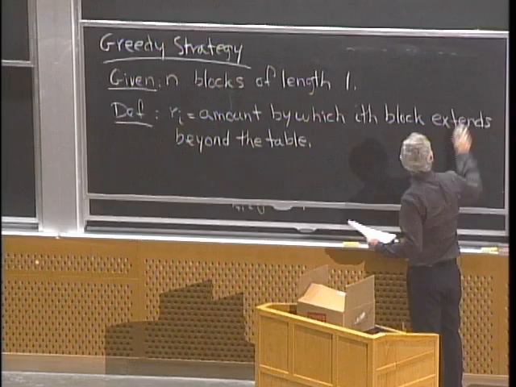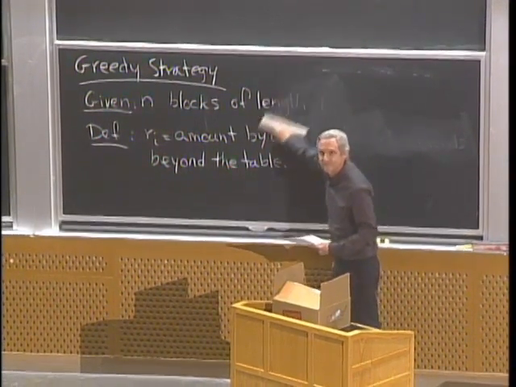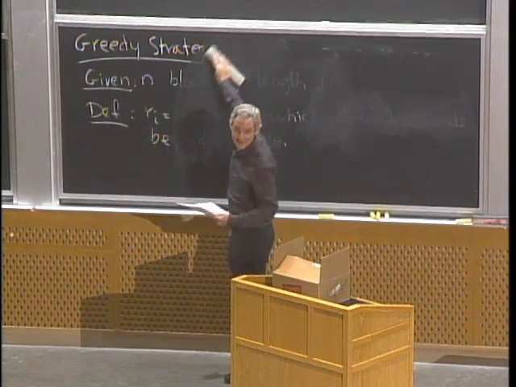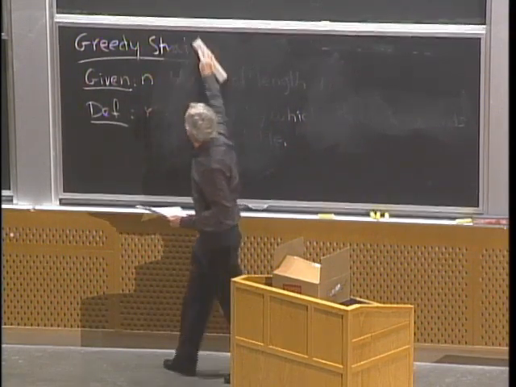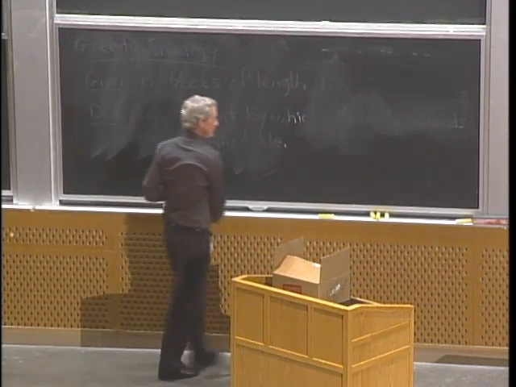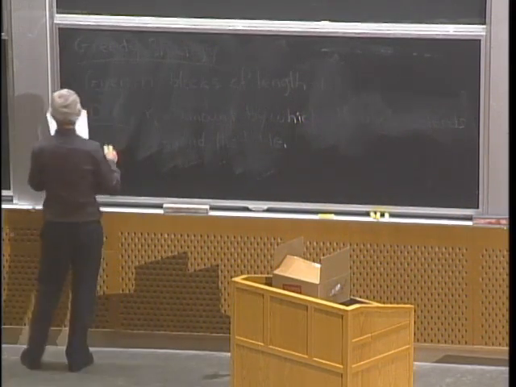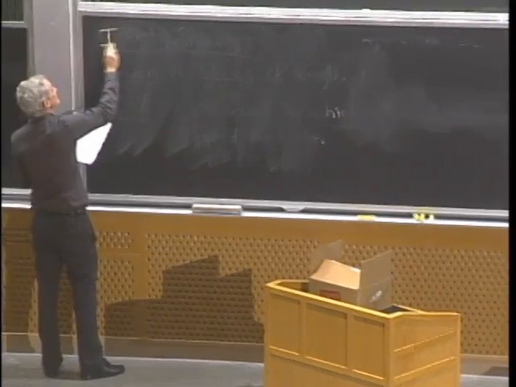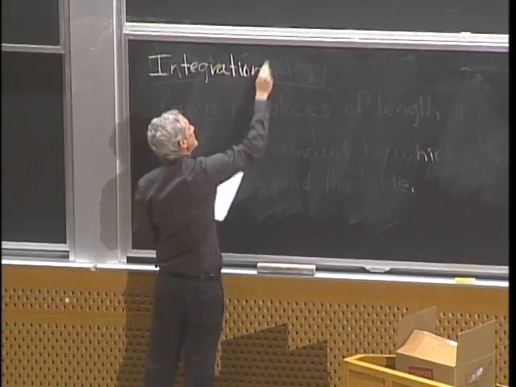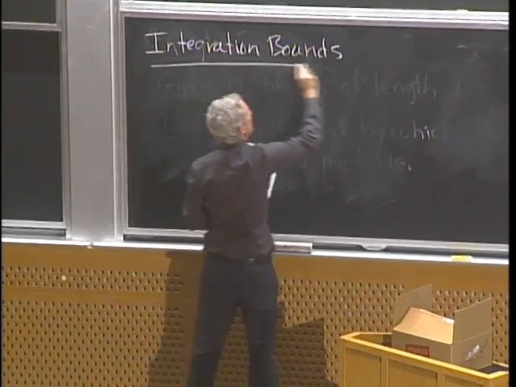So what do we do to get a good estimation of that sum? Integration bounds, yeah, because we're not going to get a closed form. At least, I don't know of anybody who knows how to do it. So we'll use the integration bounds. And what kind of function are we summing?